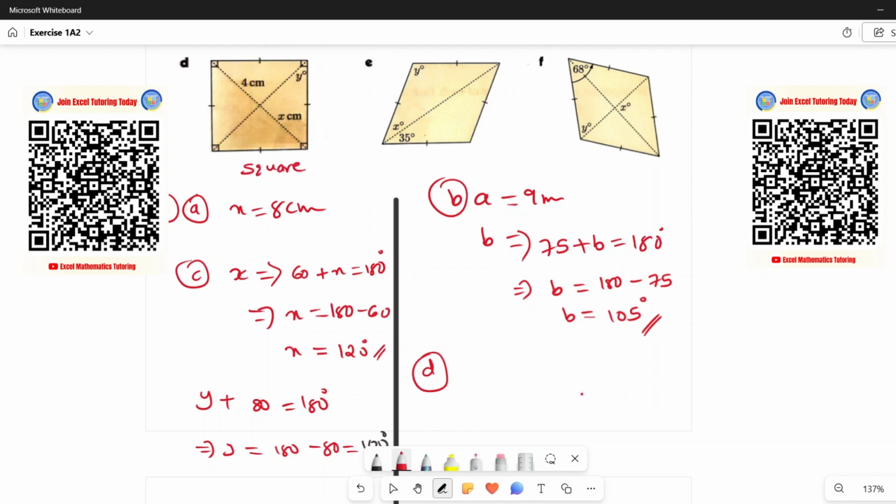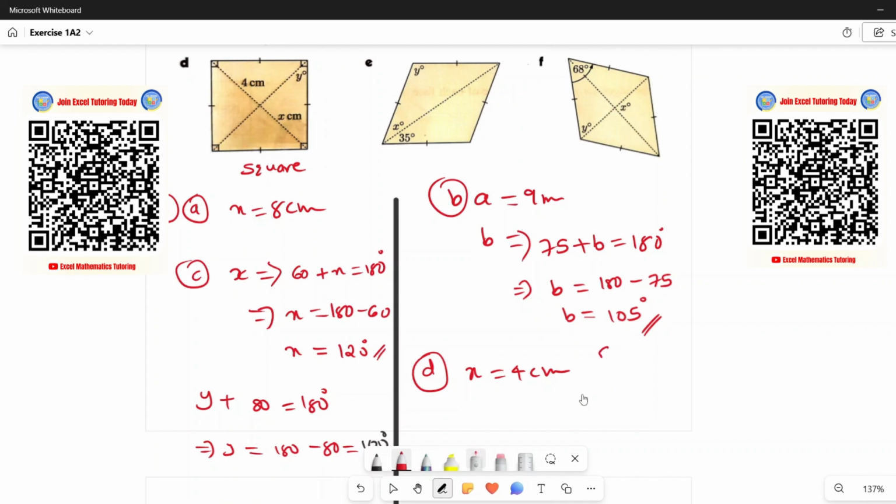So by the property of square, we know the diagonals bisect each other at equal length. So if this is 4 centimeter, then the remaining part is also 4 centimeter. So x value should be 4 centimeter. That is, the diagonals are of equal length. So if you add up, you will get 8 centimeter. So we only use that property here.